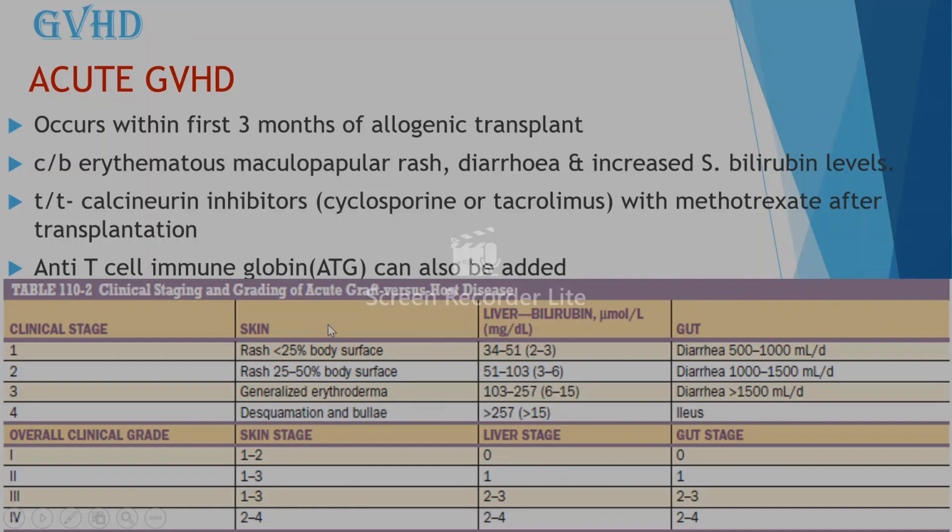Similarly, serum bilirubin levels are 2 to 3, 3 to 6, 6 to 15, and more than 15 for stages 1, 2, 3, and 4 respectively. In cases of diarrhea, when the amount is 500 to 1000 ml per day, it is stage 1. For stage 2, it is 1000 to 1500 ml. More than 1500 ml is stage 3, and when ileus is involved, it is stage 4.